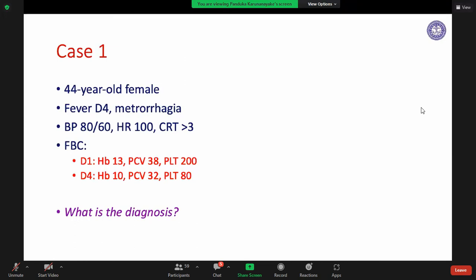This patient is having critical phase? So it is day 4 of fever, and the platelet count is 80.